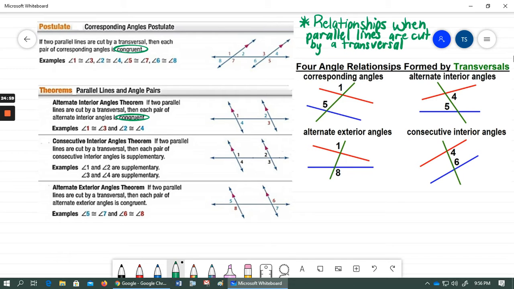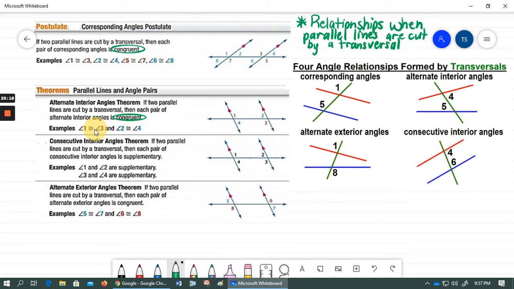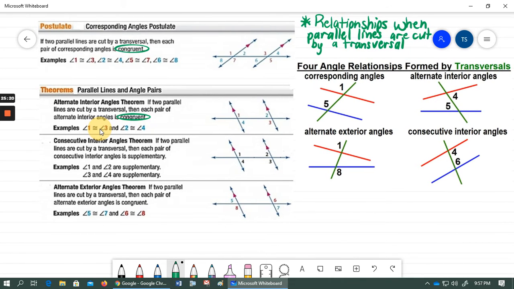So again, folks, over here I have a little diagram reminding you of what alternate interior angles look like. It's there in this diagram to the left, where they say angle 1 and angle 3 are congruent because they're alternate interior angles, and they tell you that angle 2 and angle 4 are congruent because they're alternate interior angles.